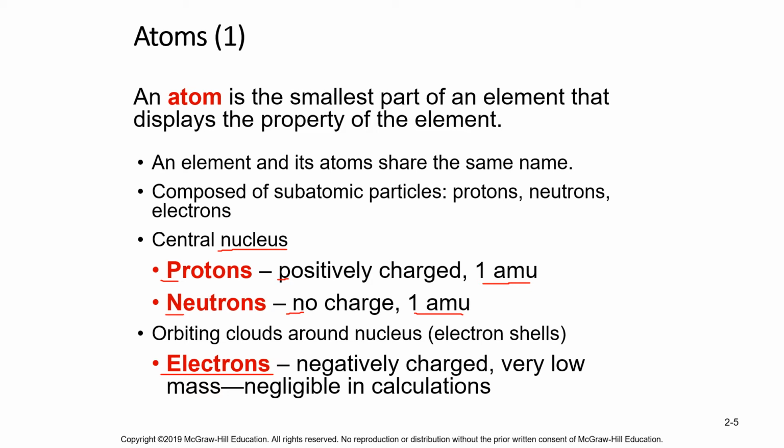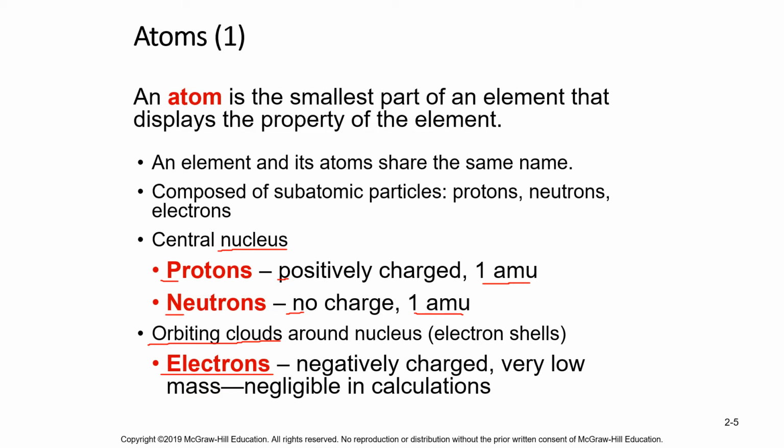The electrons orbit the nucleus, but it's not a fixed orbit like the planetary orbits, like Earth, Saturn, Mars. It's a little more random as to where they will be, but they do travel around the nucleus.